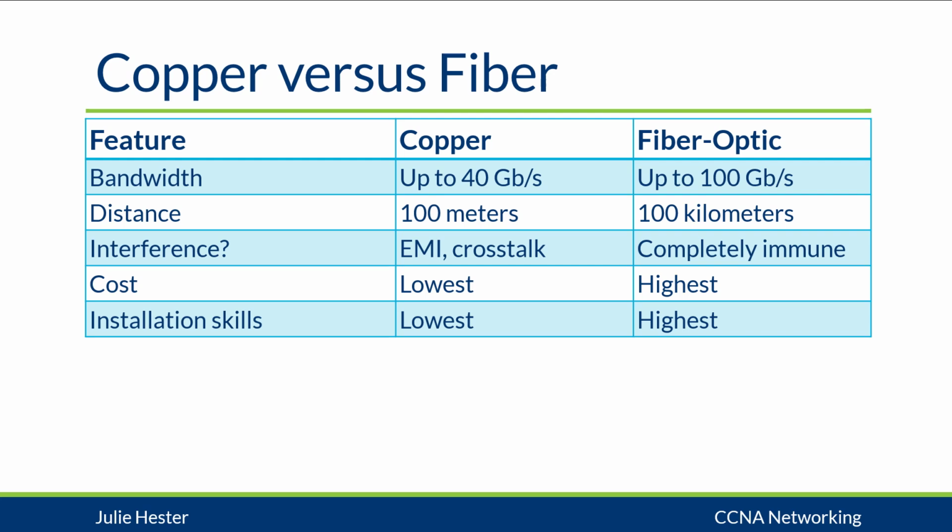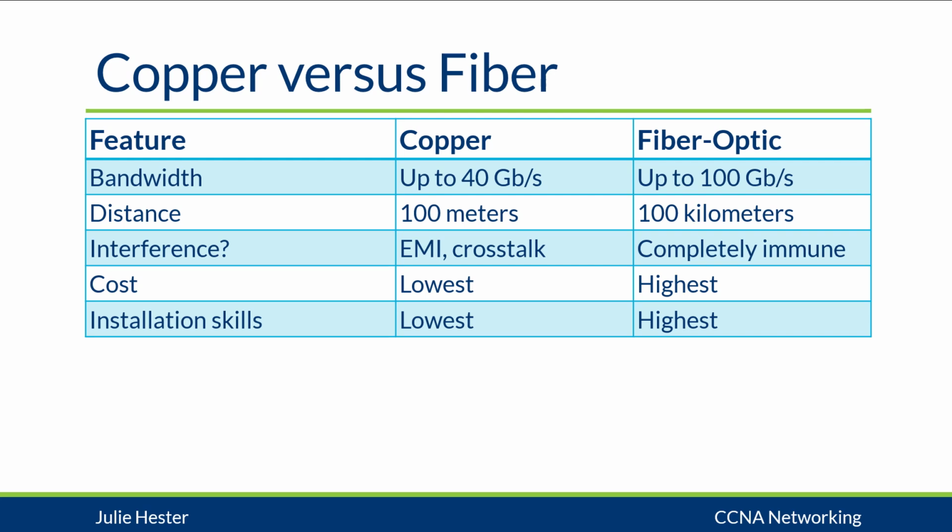Copper is generally going to be 1 gigabit per second, sometimes 10, and in extreme Cat8, for example, we might get up to 40 gigabits per second. But fiber optic is going to be far more reliable for that, more readily available, and with fiber optics we may be getting up to 100 gigabits per second. Of course, as technology changes and things are developed, these numbers could be modified.